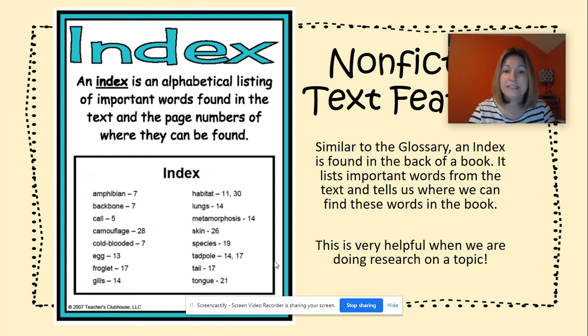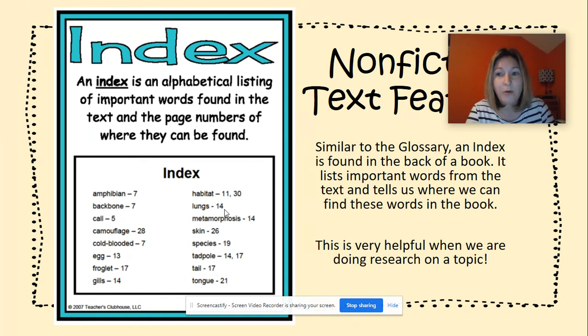These numbers tell us what page those particular words are used in the text. So for example, if I wanted to go back and read about a frog's lungs, and this is for a book about frogs, by the way, I would go to page 14, and it should talk about lungs.